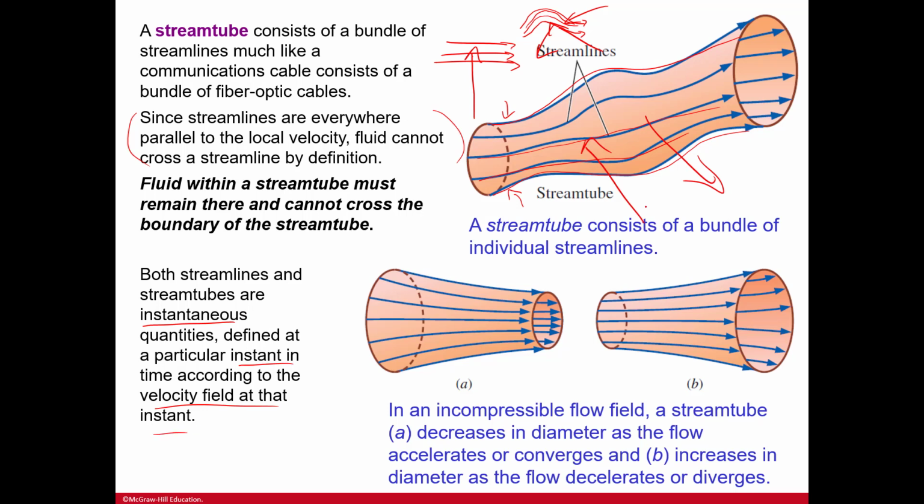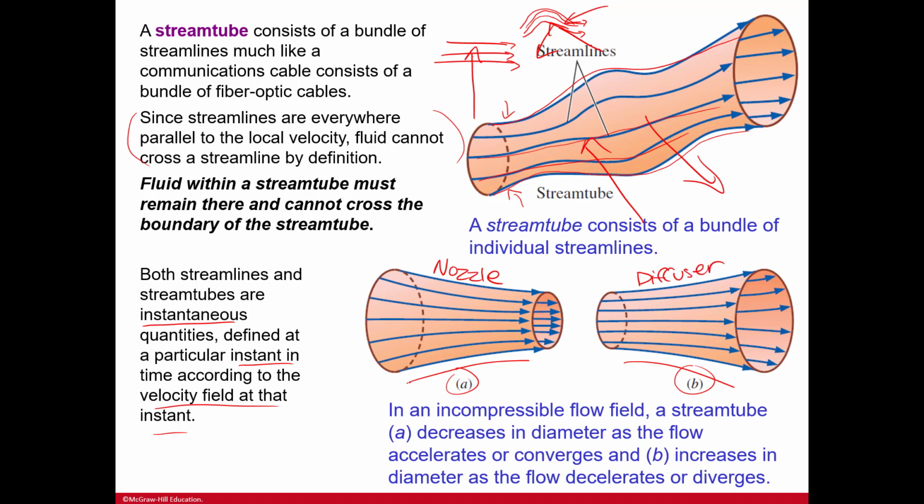Here you have the stream tube consisting of a bundle of individual streams, and then down here you have A and B, which is just converging and diverging. And then you have, so this could be a nozzle. You could think of this as a nozzle. This is the shape of a nozzle anyway. And then this diffuser, right?